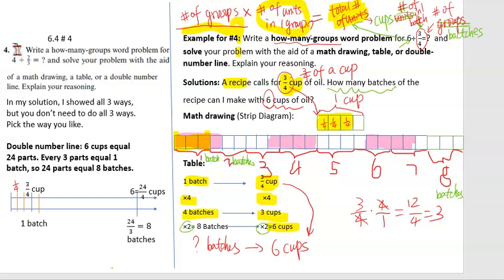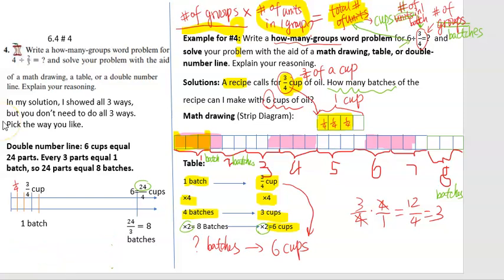We know 4 quarters make 1, so if you want to make 6, you multiply by 6 and then multiply by 6 again. So 24 quarters make 6. The other way to do it is what divided by 4 equals 6, which is 24. That's how we figure out the number 24.